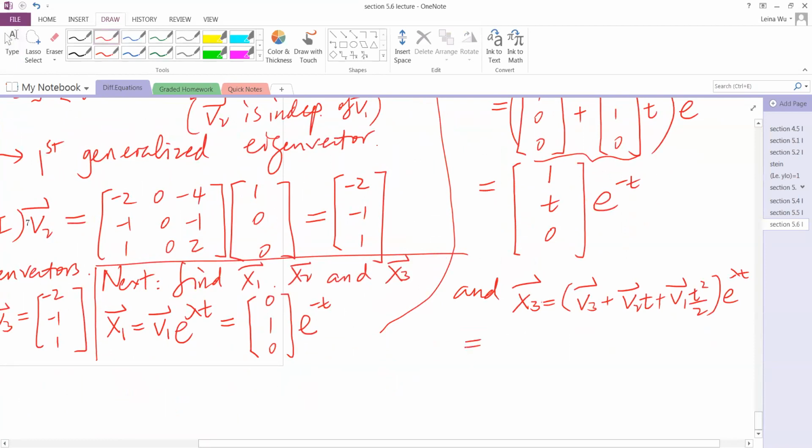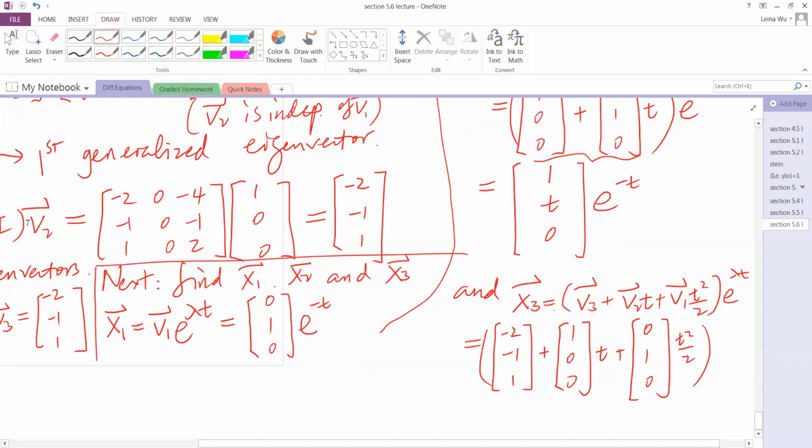Our v3 is the generalized. So I have (-2, -1, 1). v2 is (1, 0, 0) times t. v1 is (0, 1, 0) times t squared over 2. e raised to the negative t.